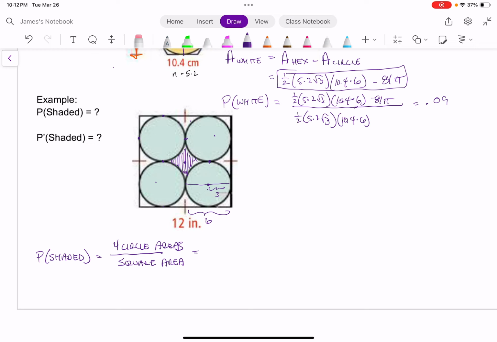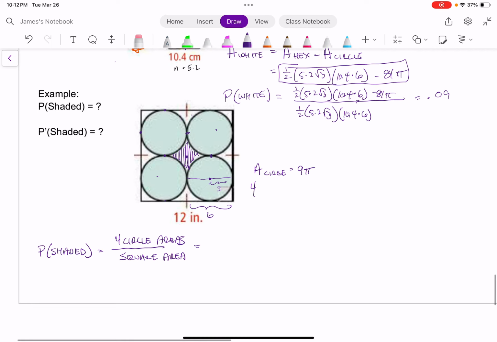So the area of one circle would be 3 squared times pi, so I'd get 9 pi. But I have 4 of these things. So 4 areas of the circle would be 4 times 9 pi, or 36 pi.